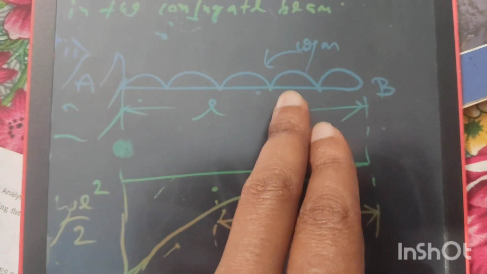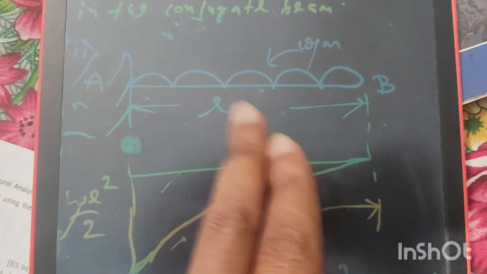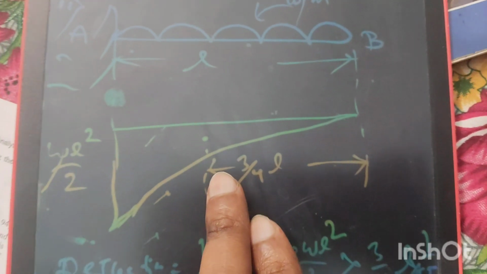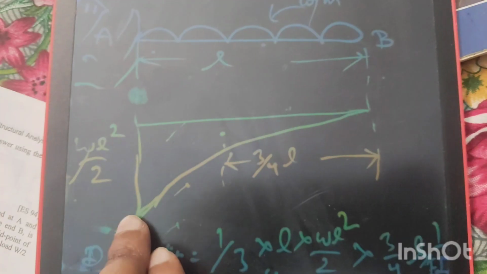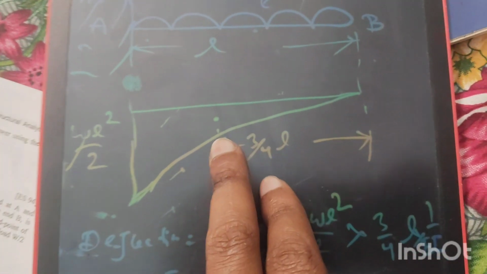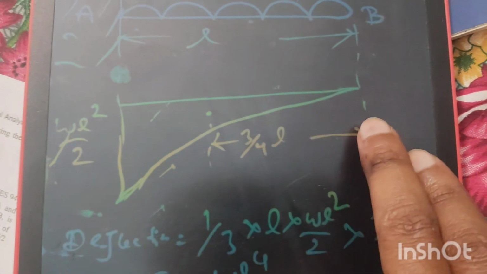For this cantilever beam subjected to uniformly distributed W per meter of length L, the bending moment diagram will be parabolic like this. Maximum bending moment at the fixed end is W L square by 2, and the CG of the bending moment diagram is 3/4 L from the point B.